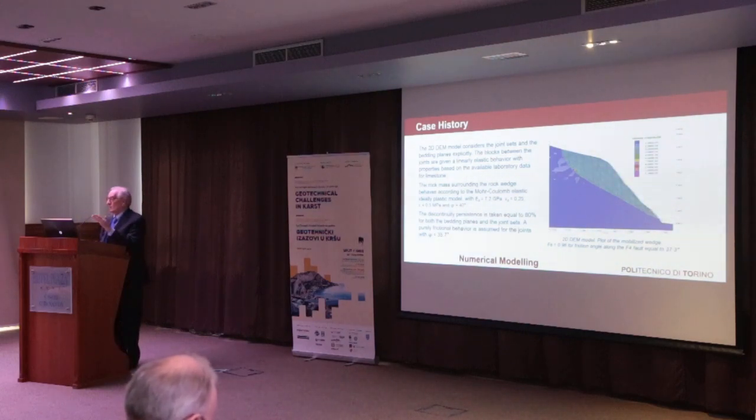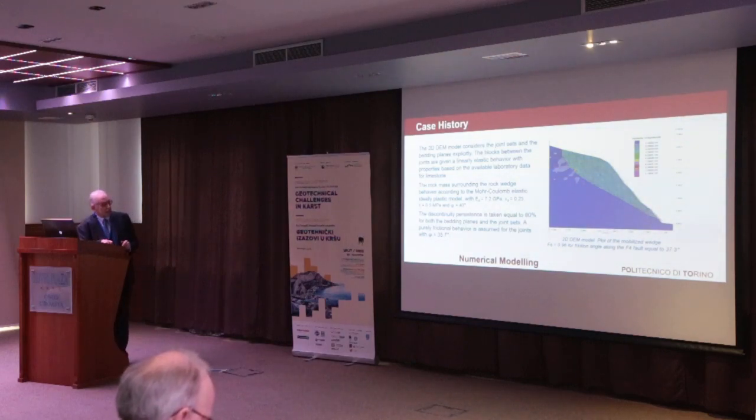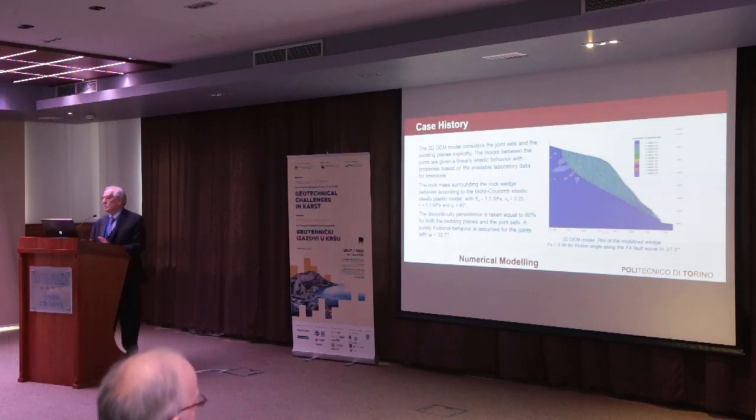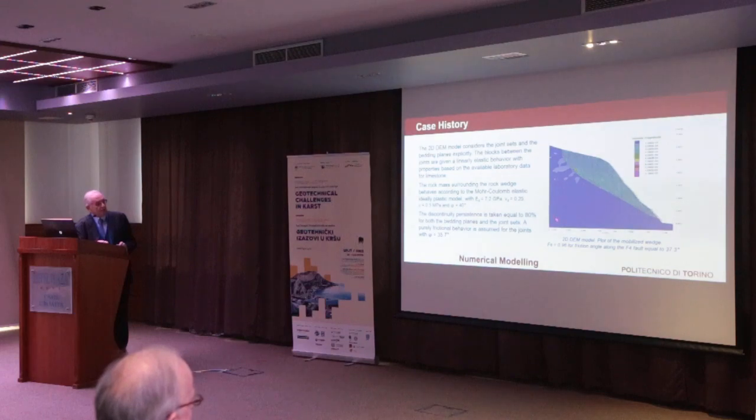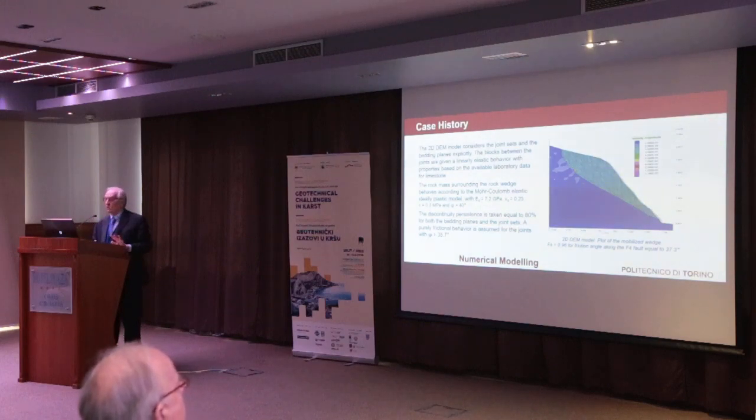And you can see that with a friction angle of 37.3, we reach a safety factor of 0.96. It means that we are near to instability. In fact, this plot is showing you the displacement, the total displacement, with different colors which are occurring at that stage.